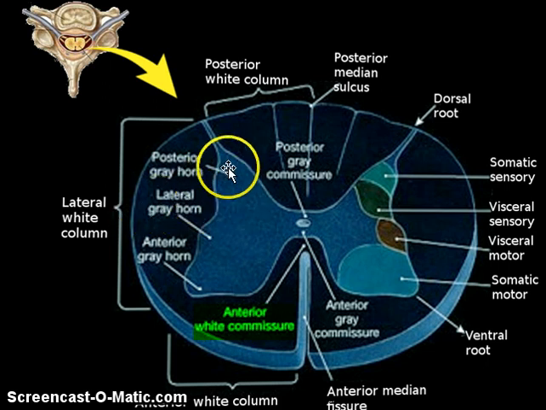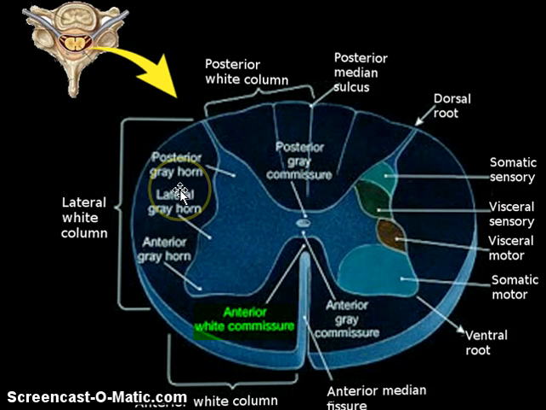So this H-shaped structure is the gray matter of the spinal cord, and this entire outer part is the white matter of the spinal cord.